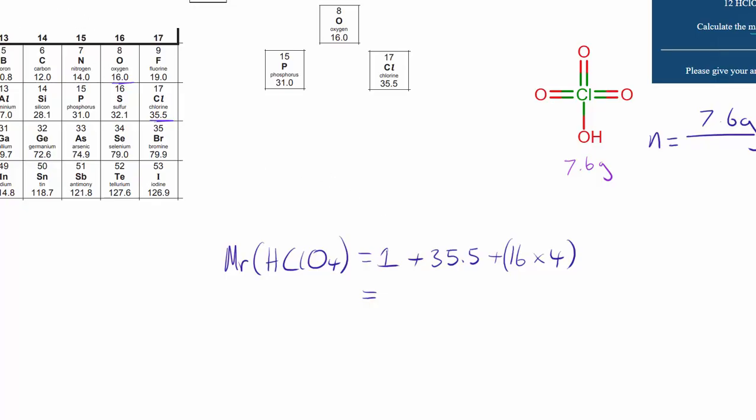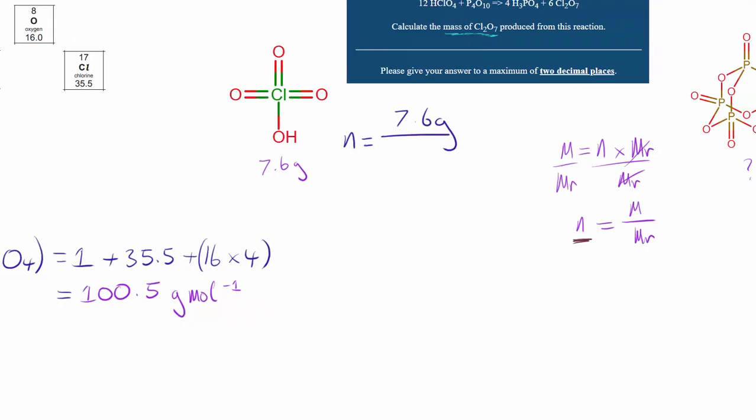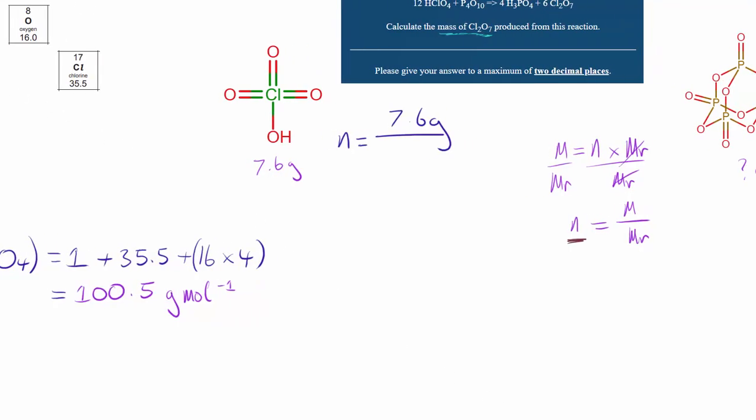Okay, if you did have a go, you should have got 100.5 for its molar mass. In this case, the units are grams per mole. Now, with that value, what we can do is divide the 7.6 by the 100.5, and this is going to give us our number of moles.